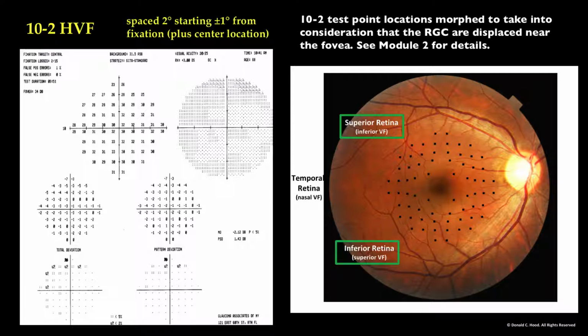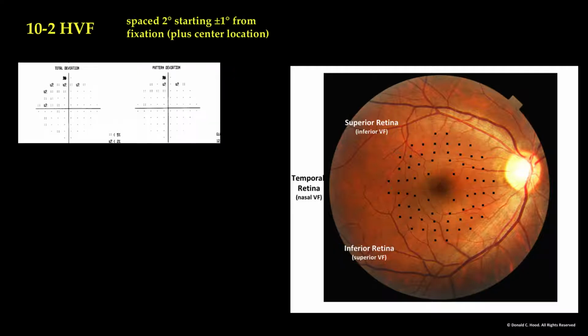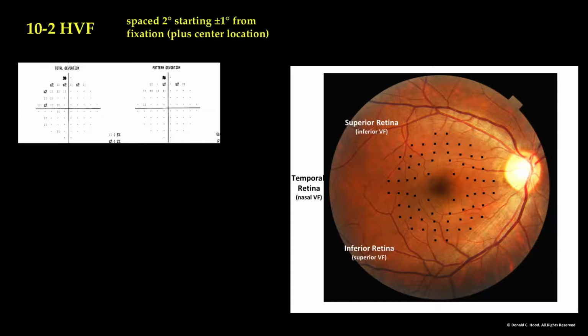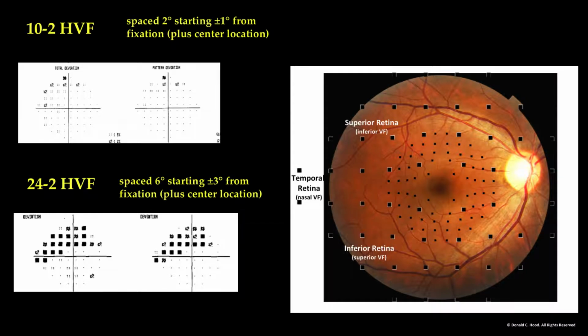This is inferior retina, superior visual field, because remember, the retinal image is flipped, right? Flipped up and down, but not left, right. Okay, so, 10-2 points, and this is what the 24-2 points look like.